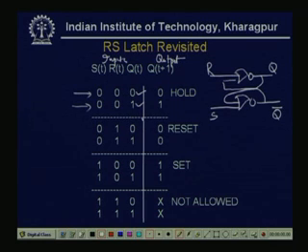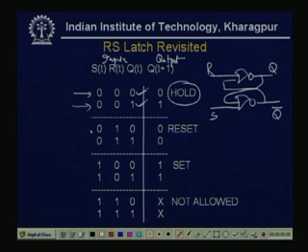Now, whatever be the value, we have seen that if R and S both are 0, 0, then the next state should be the present, or current state. That means, this is a hold condition. So, whatever the Qt value, the Qt plus 1 value are the same, that means it is 0 and 1.